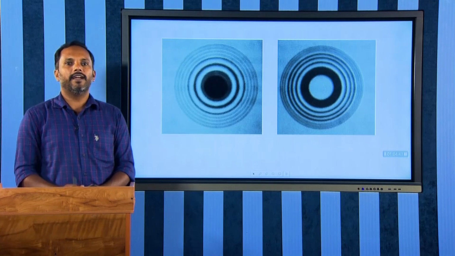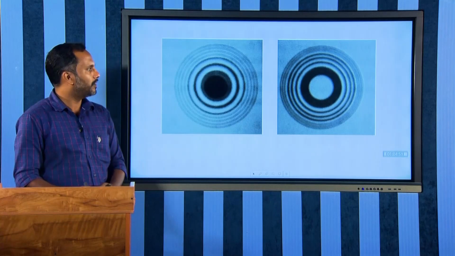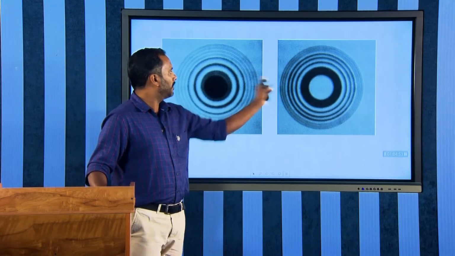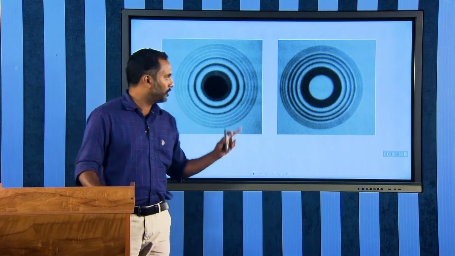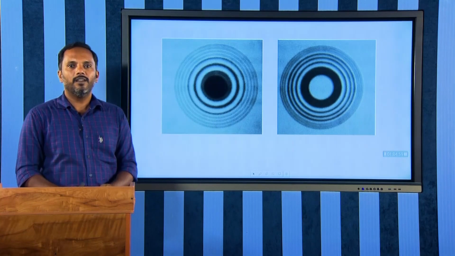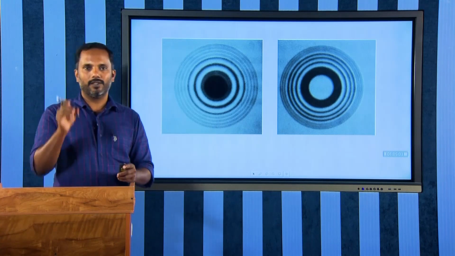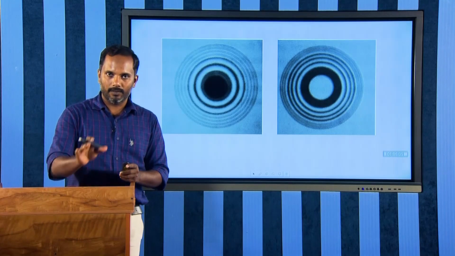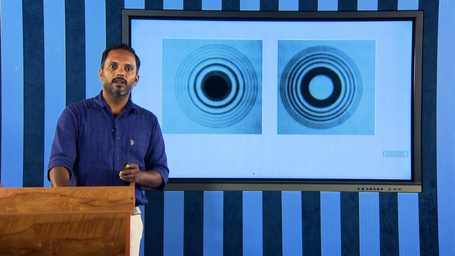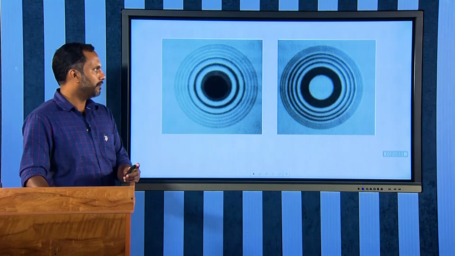Now, let us take the negative of that photograph. The negative of the photograph looks like this. Here the odd zones are transparent, and the even zones are opaque.